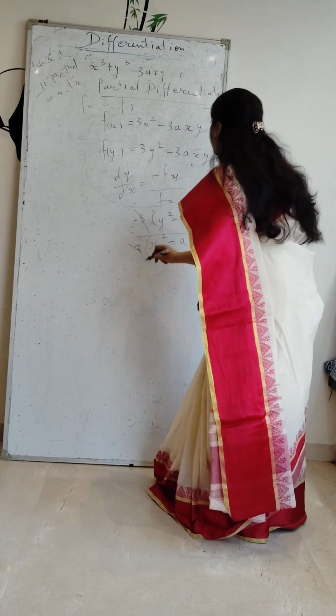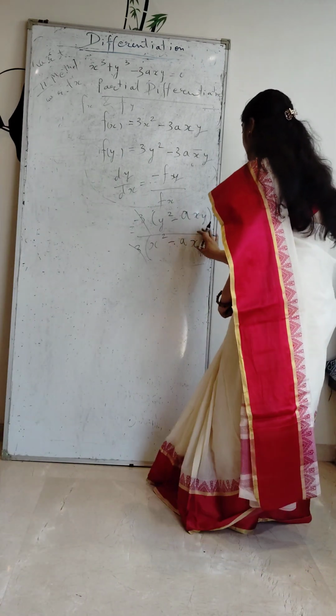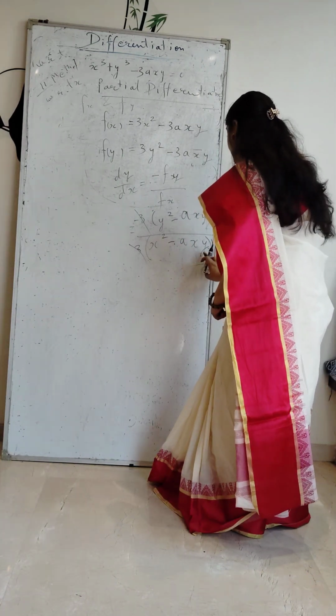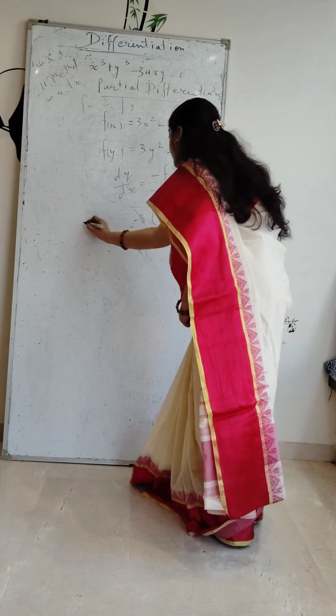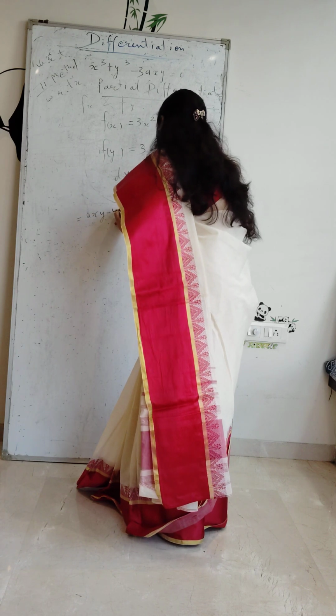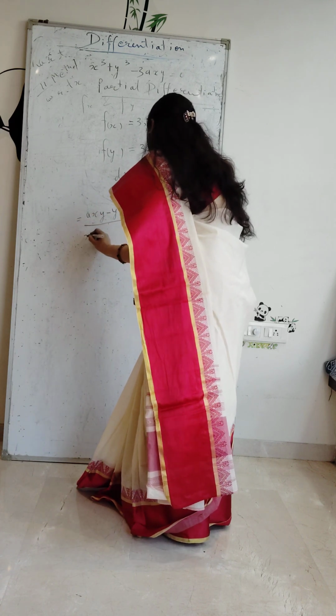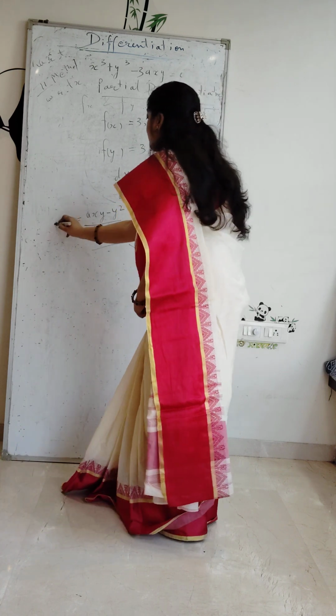So 3 and 3 will be cancelled. So the answer will be ax minus y square upon x square minus ay for dy by dx.